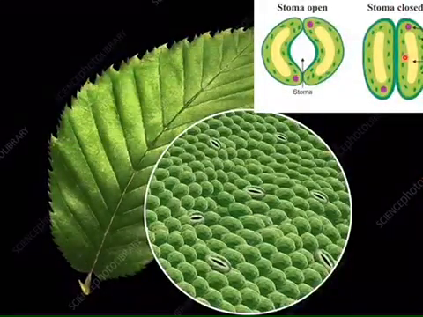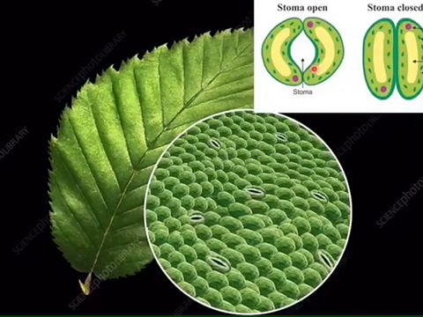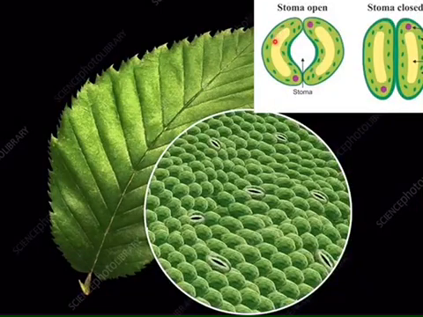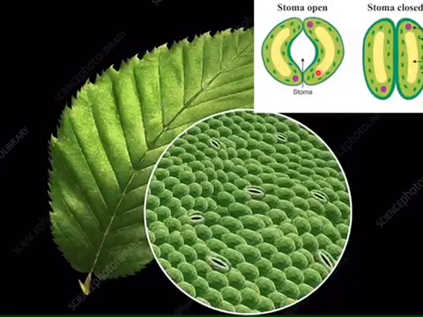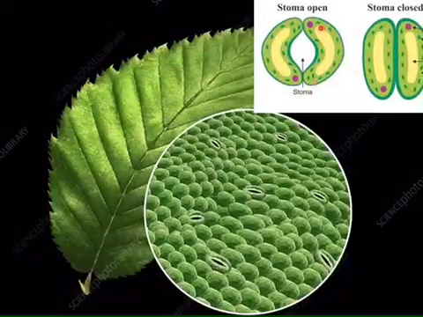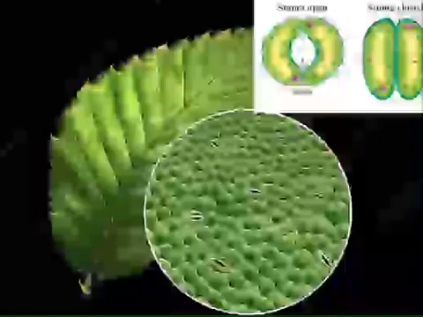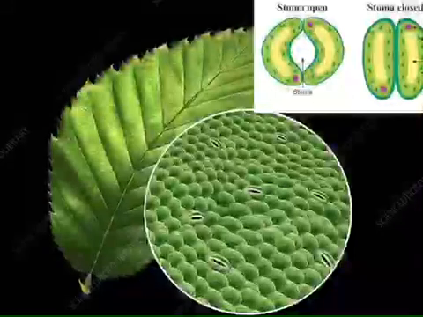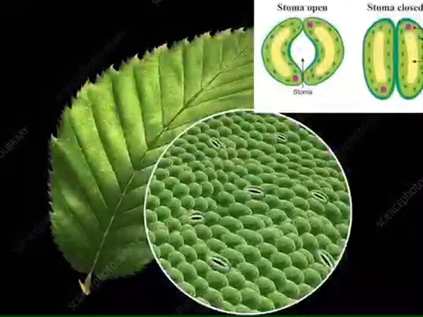In the picture where the stomata are open, you can see two kidney shaped cells which are called guard cells. Now what is the function of these guard cells? These guard cells regulate the opening and closing of stomata. These are present on the surface of epidermis. So you can see this magnified image of epidermis in leaves.